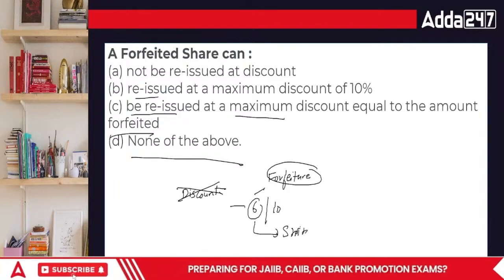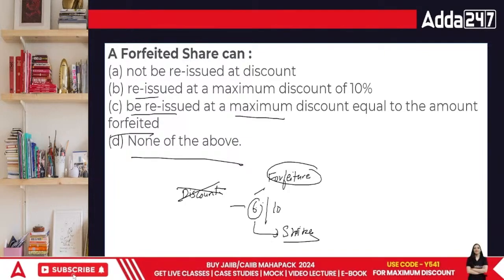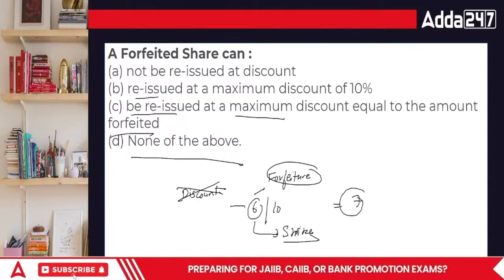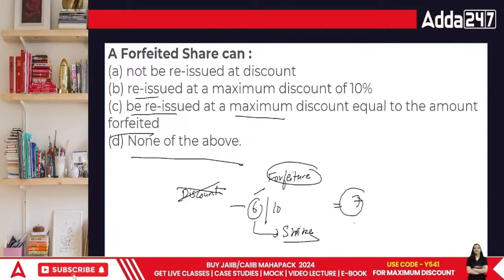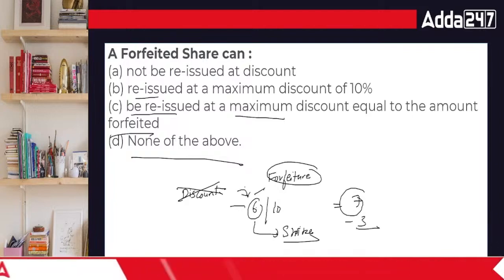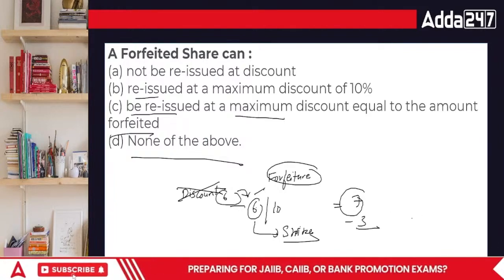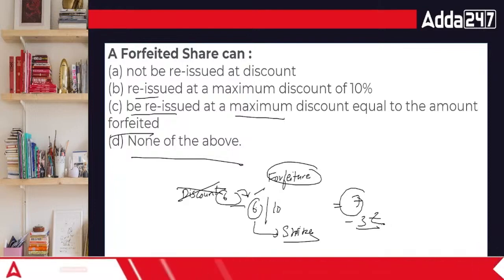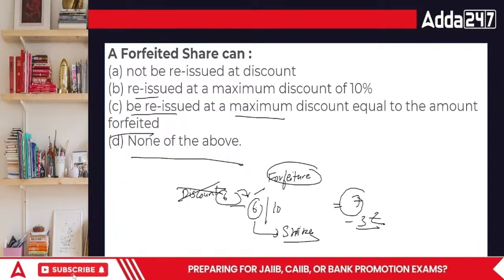Now if you want to give the same shares to someone, on whom you've already received 6, you ask the new person to pay 7 rupees, so he is paying 3 rupees less than the face value. That is adjusted because the previous person had paid 6 rupees and your discount is lower than the amount you have received. Got the idea, everyone?